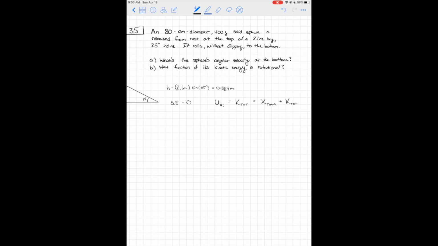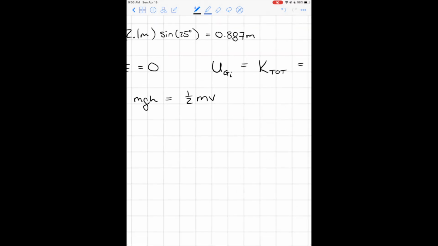So let's continue this out. I have mgh of my sphere equals 1/2 m v_f squared. Normally I write this as v center of mass, but we can just write it as v_f for right now, plus 1/2 I omega_f squared.